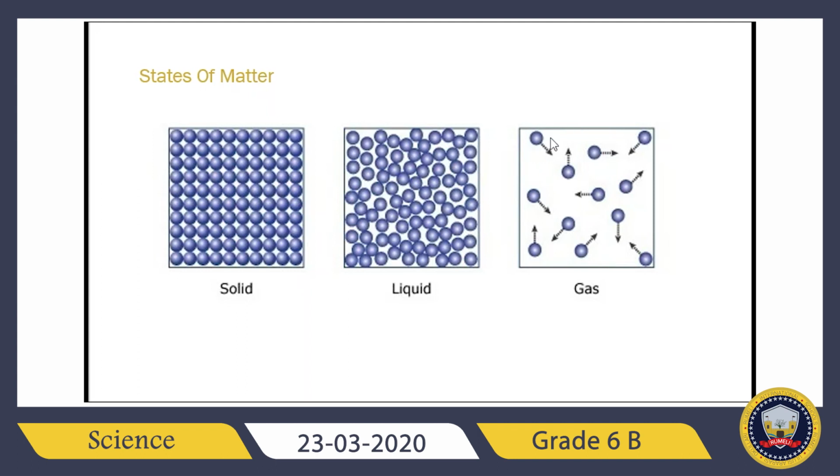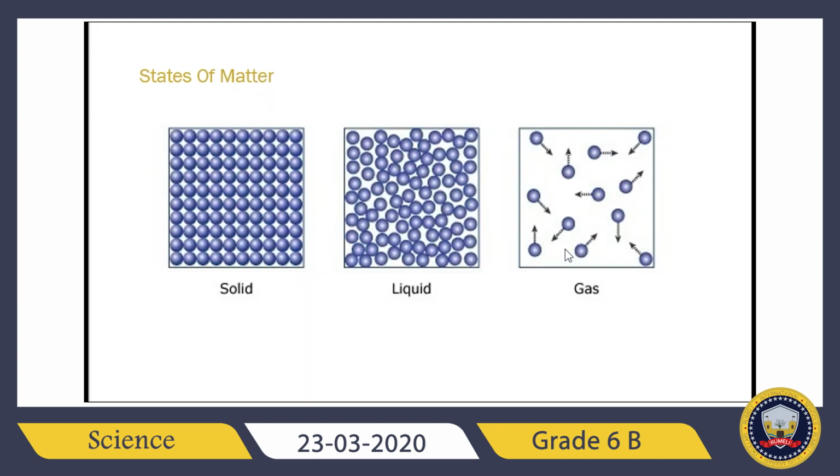Why? Because the spaces between particles are very big, which allows the particles to move fast and to move freely in the space that they will occupy. And because the spaces between particles are very big, it is easy to compress the gas, and that's why gas doesn't have a definite volume.